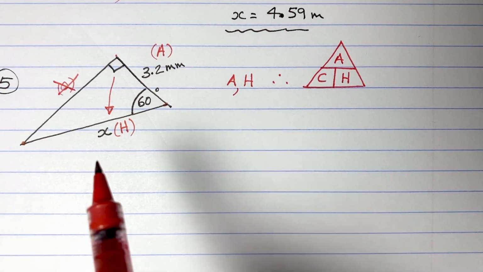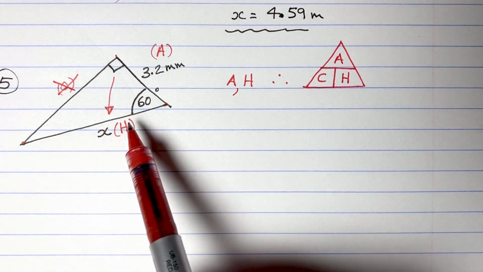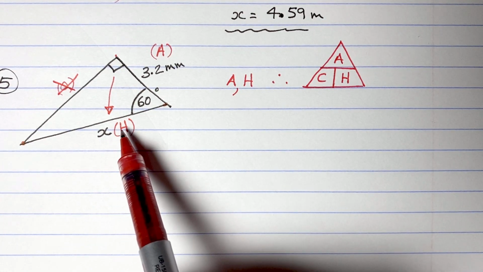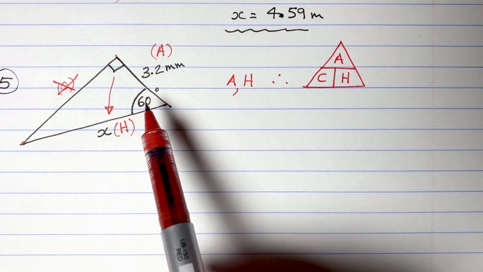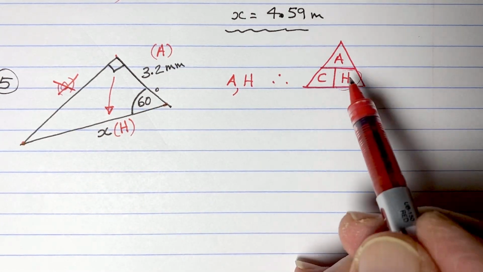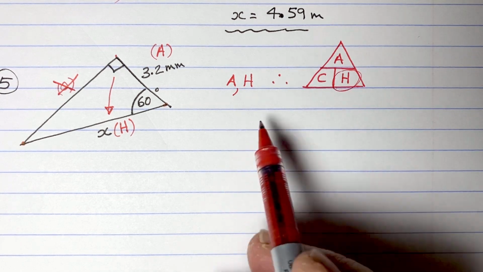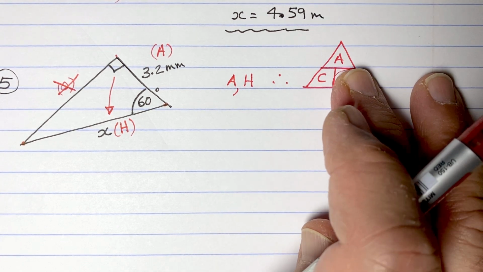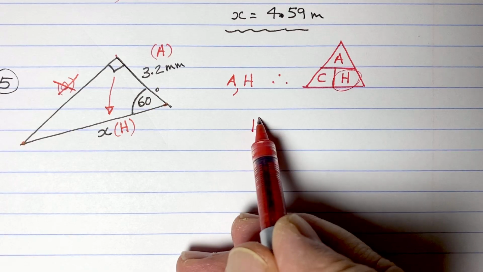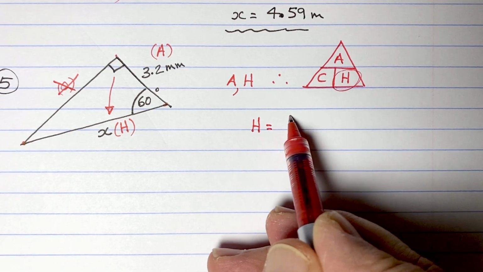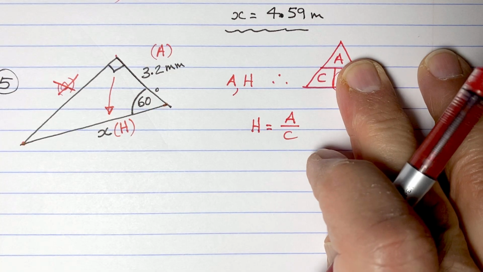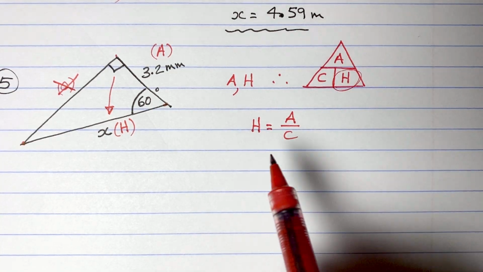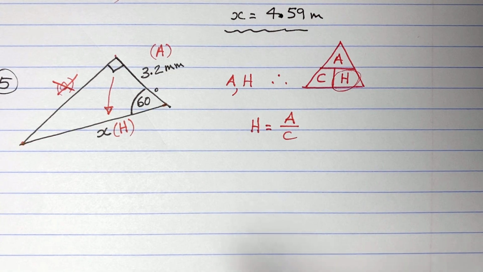Then all you have to look at is, what is the letter that you want to find? H. H is the unknown. We call it X. So I'm looking for H. If you cover H, it would be A over C.